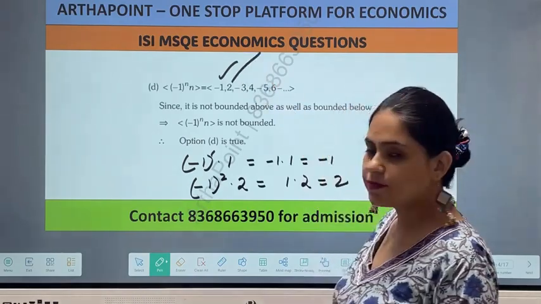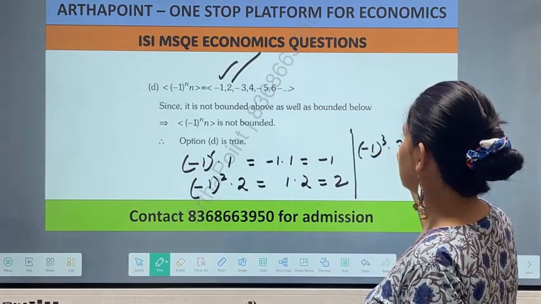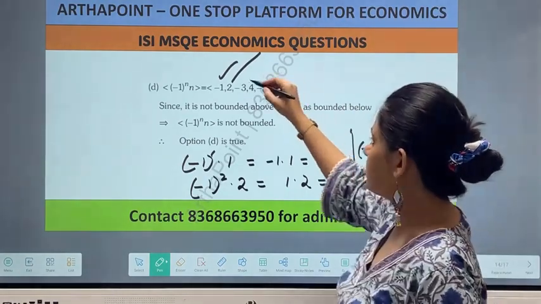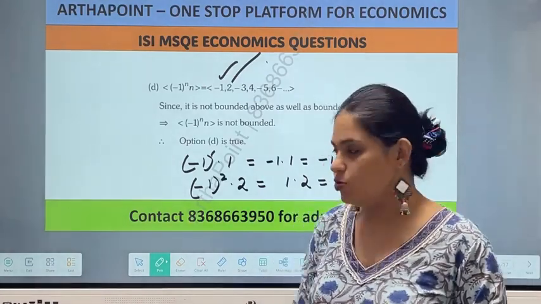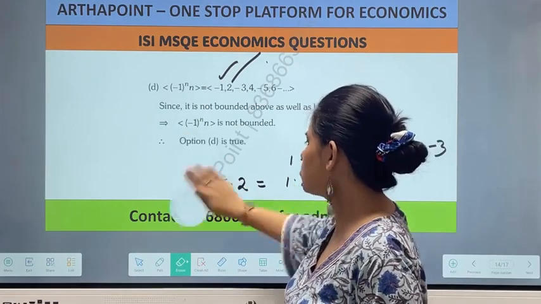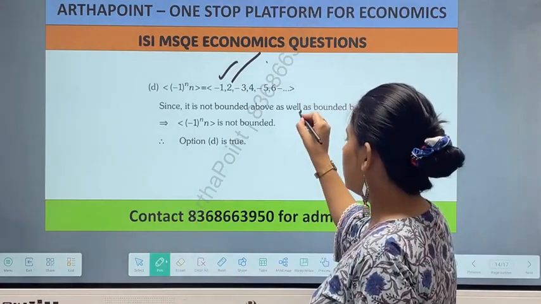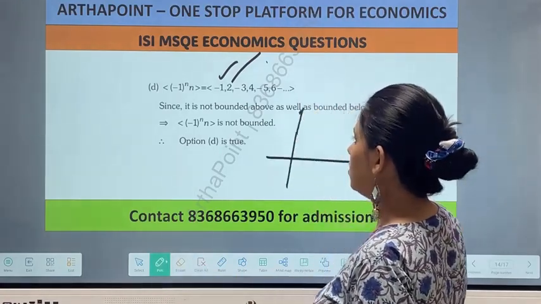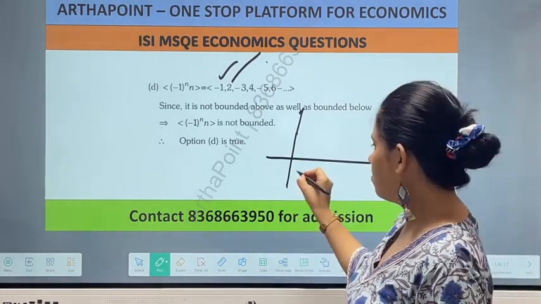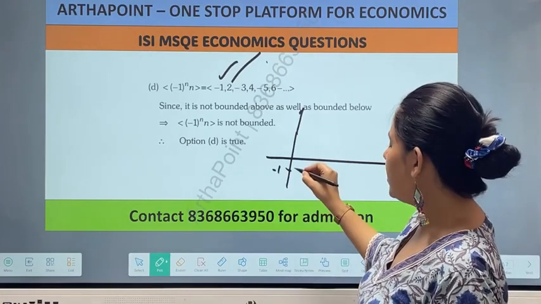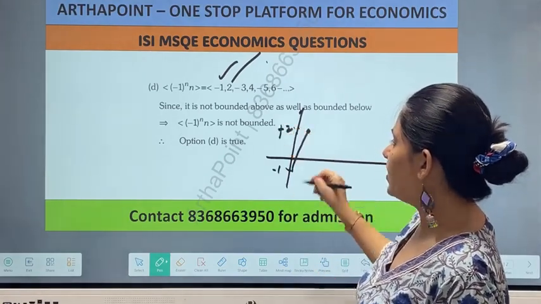So you see that there is no bound. How is your sequence going? If I were to show this graphically, very simple. The numbers I have here: I have minus 1, and then I have plus 2, and then I have minus 3, and then I have plus 4. So you see that this is an exploding series.